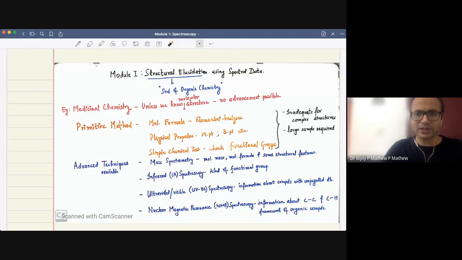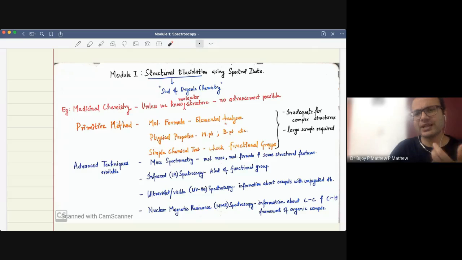Sometimes you might have solved in your 11th and 12th, when you burn the compound, you get a certain percentage of carbon, hydrogen, oxygen, nitrogen, and then using those percentages, you calculate the empirical formula. And from that you ultimately get to a proper molecular formula. That is called elemental analysis.